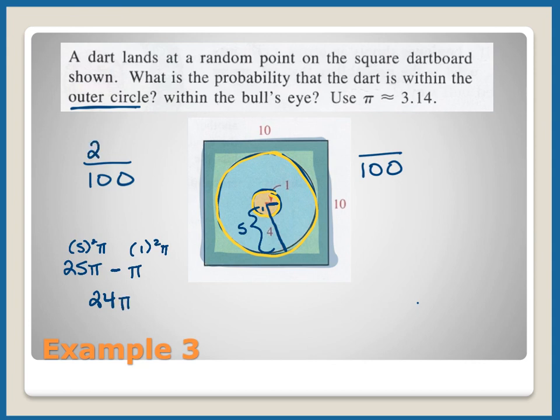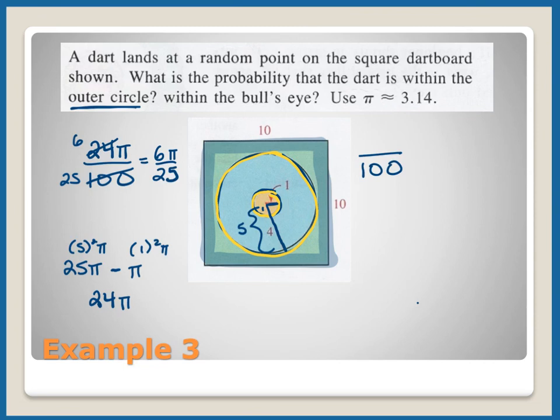So now I would do 24 pi over 100, and then I'm going to reduce this. 4 goes into 24, 6 times, 4 goes into 100, 25 times, and I get 6 pi over 25.